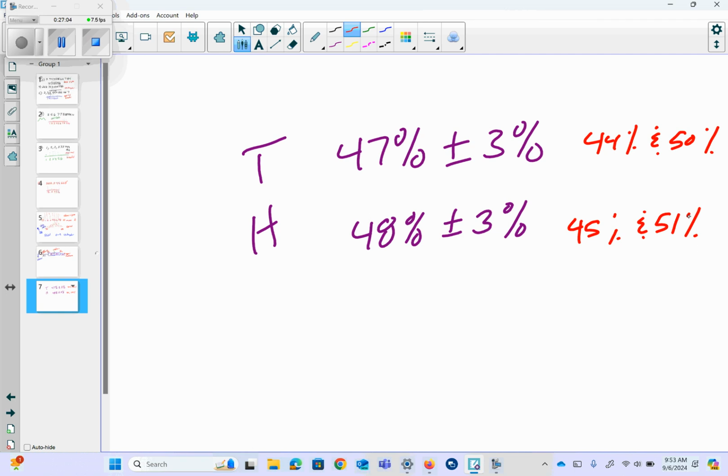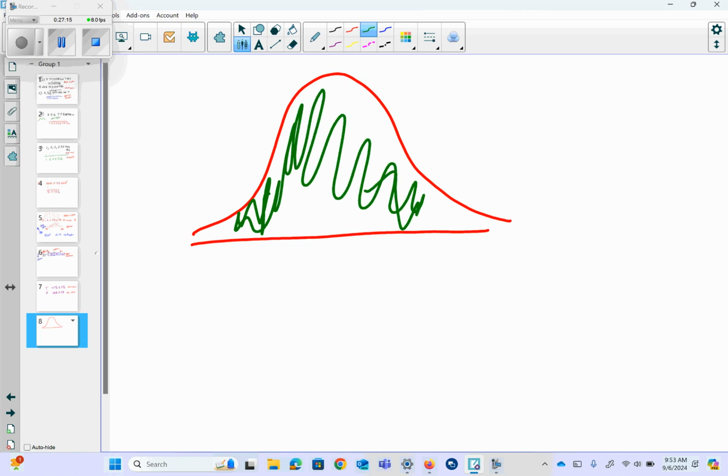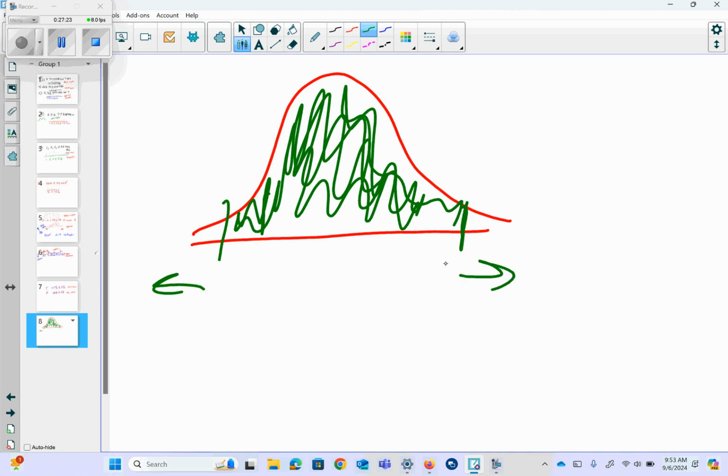Okay, so a confidence interval works like this. Let's color all the area under this curve, and let's say this part is way far this way, and this part is way far this way, where somewhere in the middle of this is the mean.